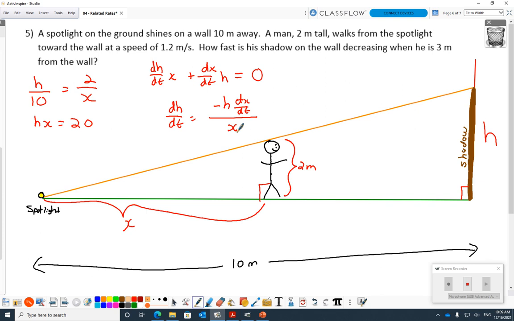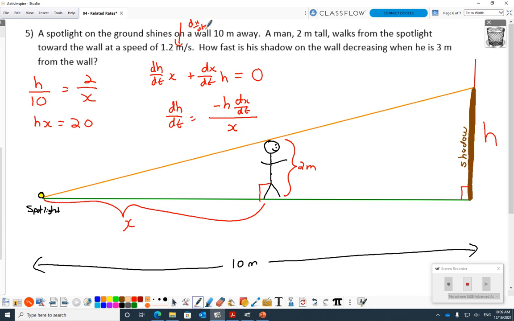And then the big moment. Do I have this information? Do I have the height of the shadow at this particular moment? No, I don't. That's a problem. Do I have dx/dt? How fast he's moving? Yes, I do have that.